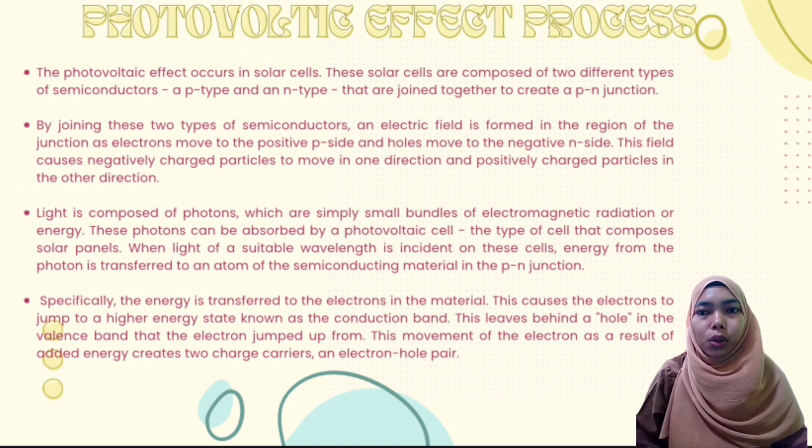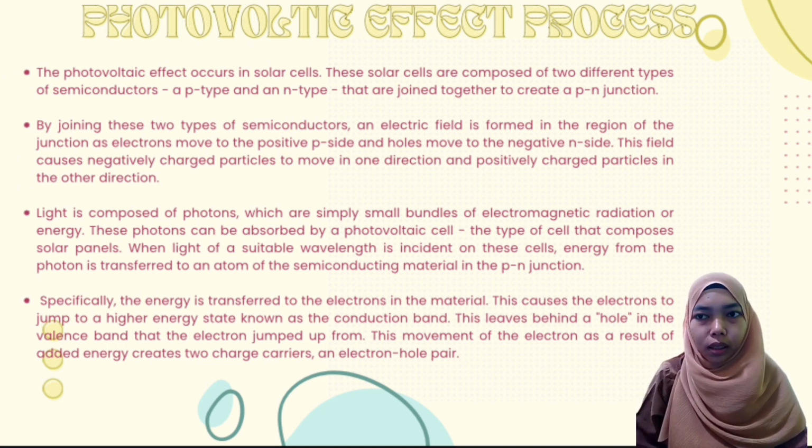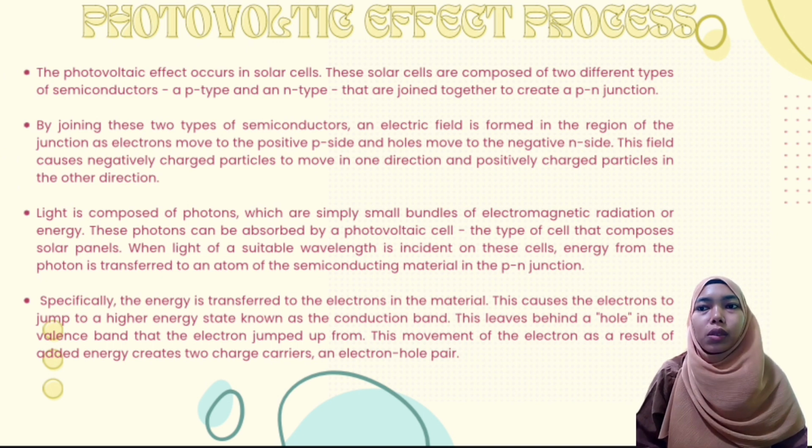By joining these two types of semiconductor, an electric field is formed in the region of the junction, and electrons move to the positive side and holes move to the negative side. This field causes negatively charged particles to move in one direction and positively charged particles in the other direction.